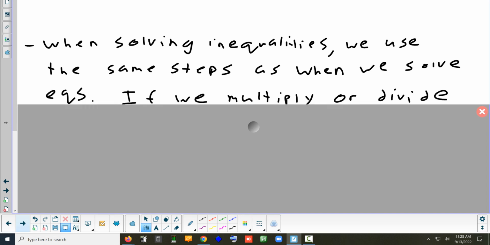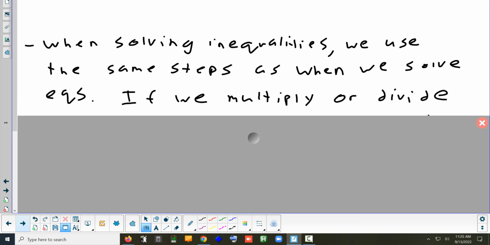So, when we want to solve inequalities, it's pretty much the same steps as when you solve a linear equation. What's the one thing that you've got to be careful about when you're solving an inequality? Dividing by a negative number, or multiplying. Dividing, multiplying, kind of the same thing. So if you multiply or divide by a negative, what do you got to remember?